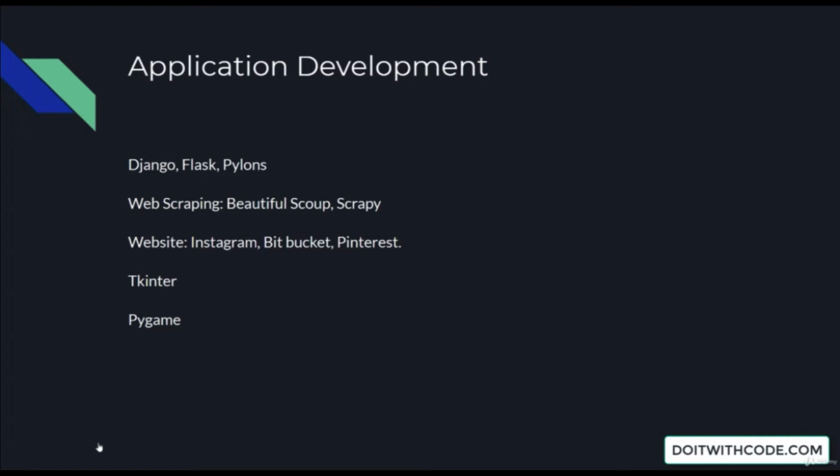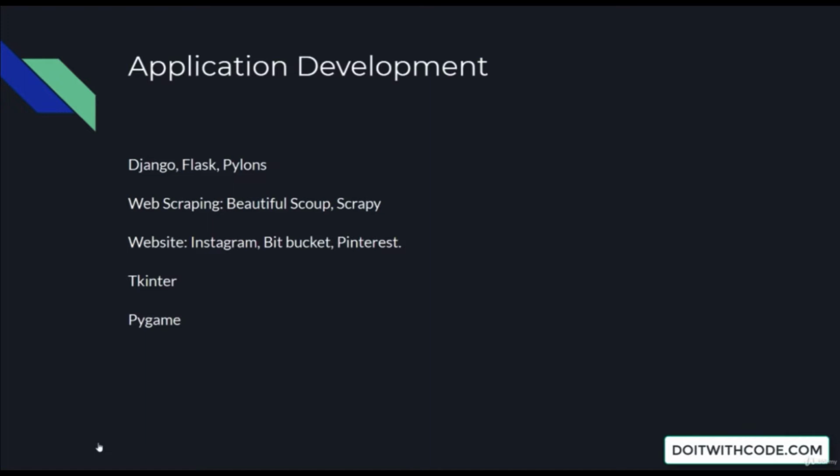Django is used for complex websites, while Flask is a micro website framework. Some major websites that are built using Python are Instagram, Bitbucket and Pinterest. I'm sure you have heard about these websites, and if you have not, go ahead, go to Google and find out what these websites are.